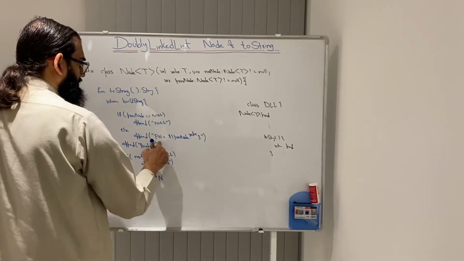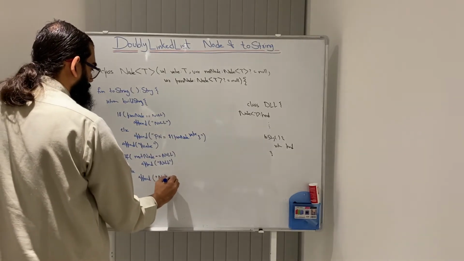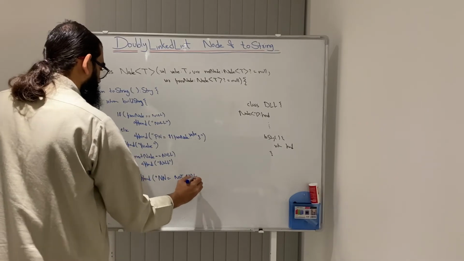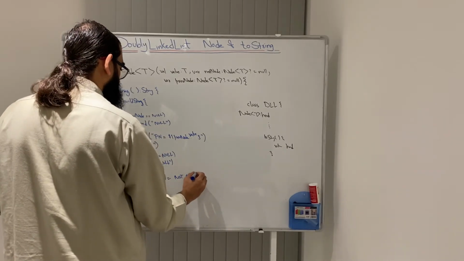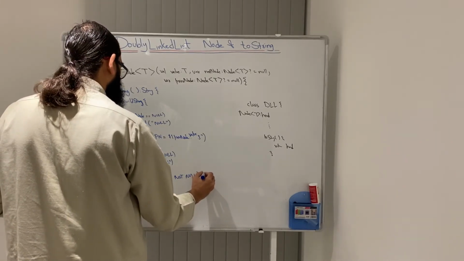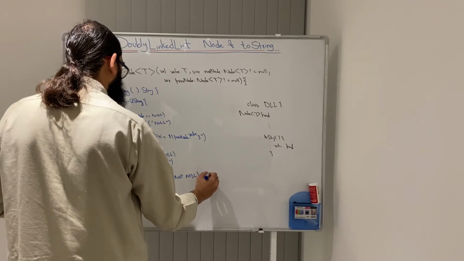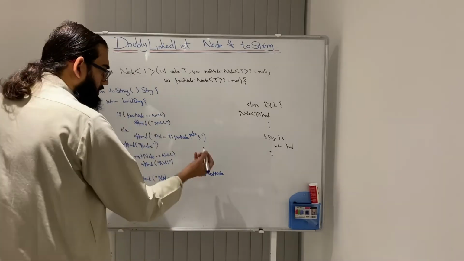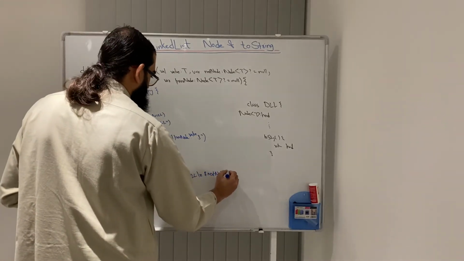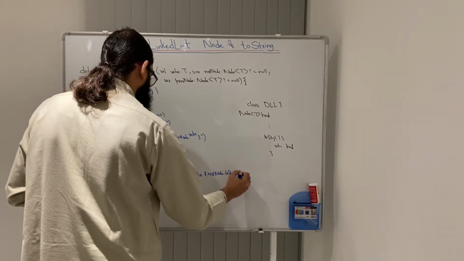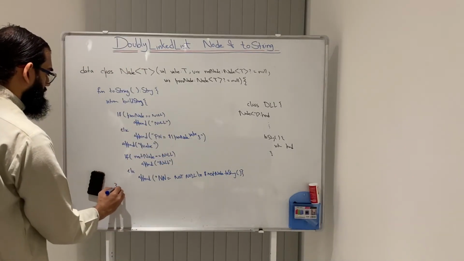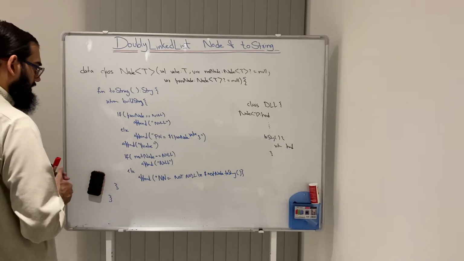So pn is the previous node, I'm using next node is not null, and then after that I will say line break and then call next node or next node dot toString, both are same. Then this is finished. Now we will see what will happen.